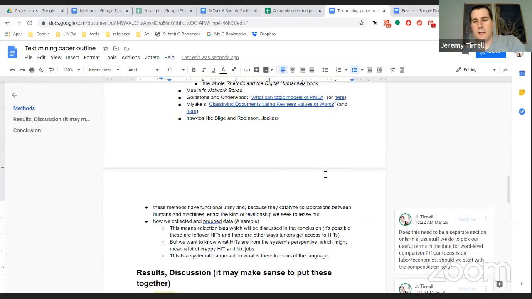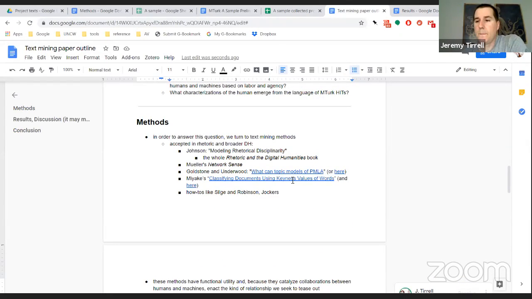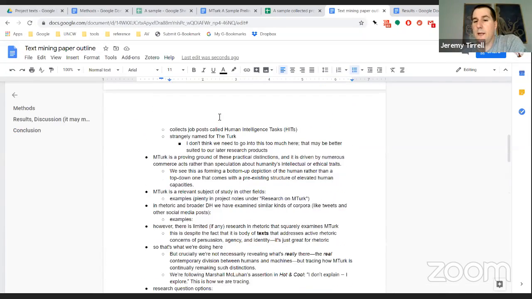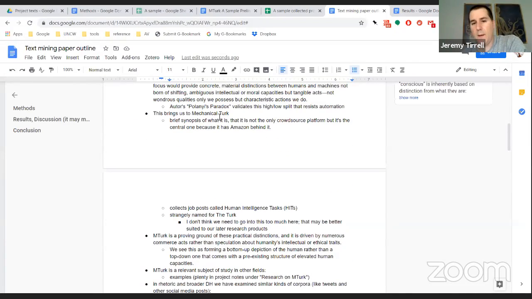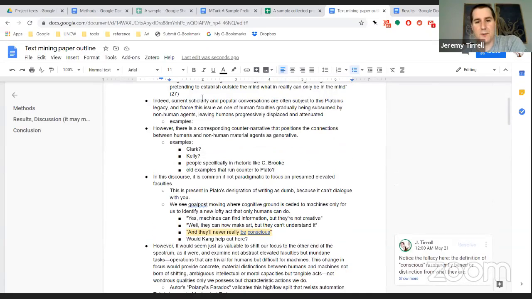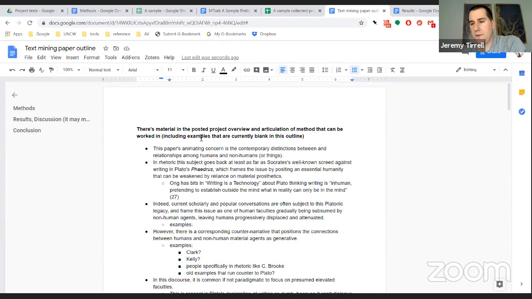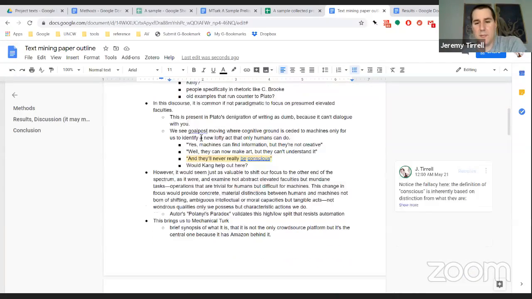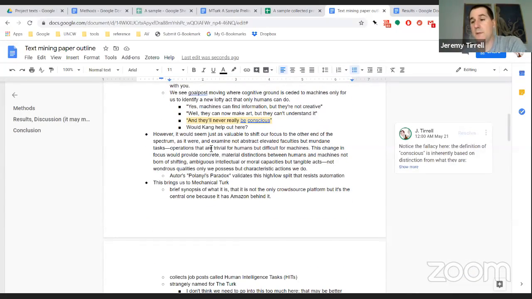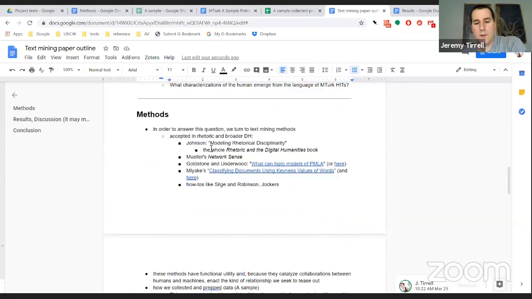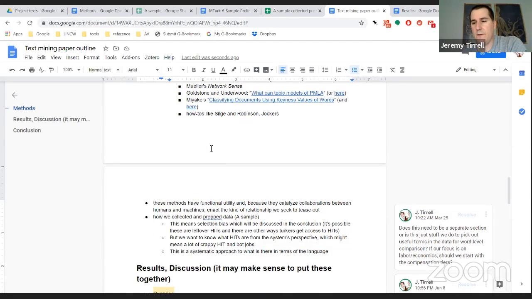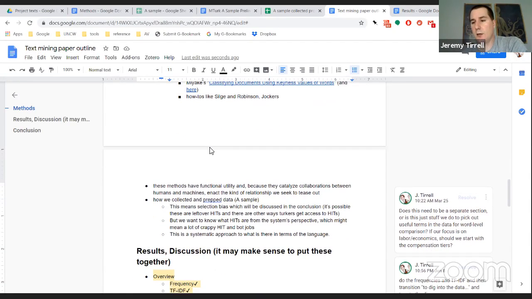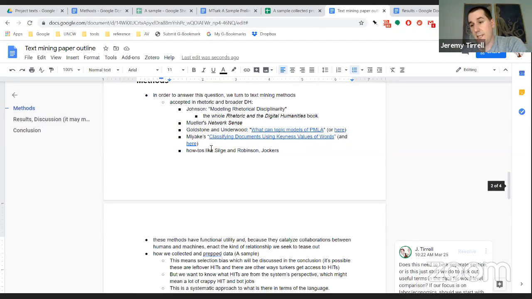So there's the method section, and if you're not looking at the outline here, I am using an outliner, and I am using the outline. So this isn't just sort of like a notes page where things got dumped. I'm actually using this outline and updating it as I go. So this, I think, gives us a decent look at the sections, right?